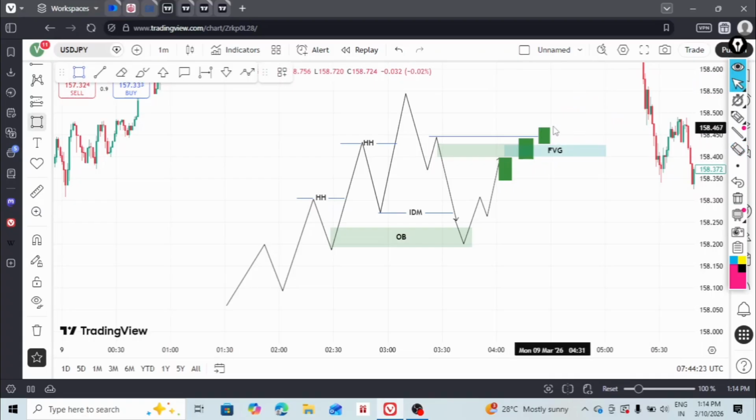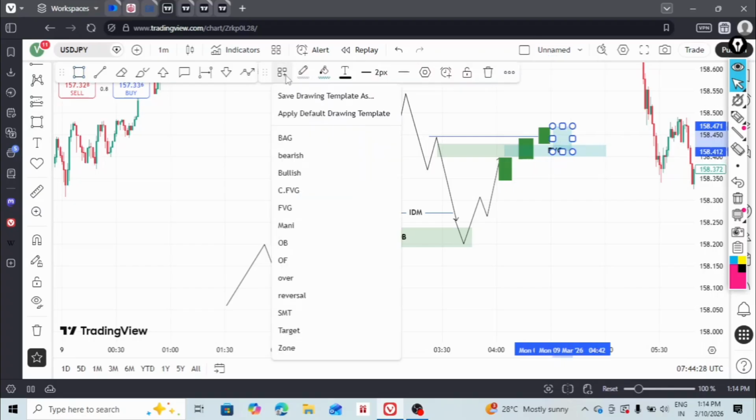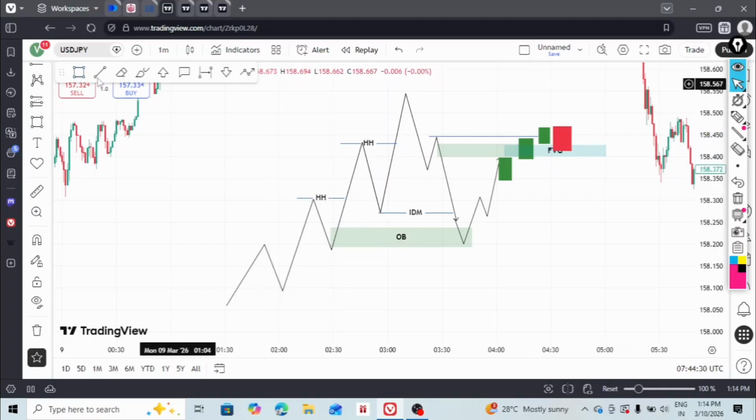After reaching this target, the market came down, turning bearish.